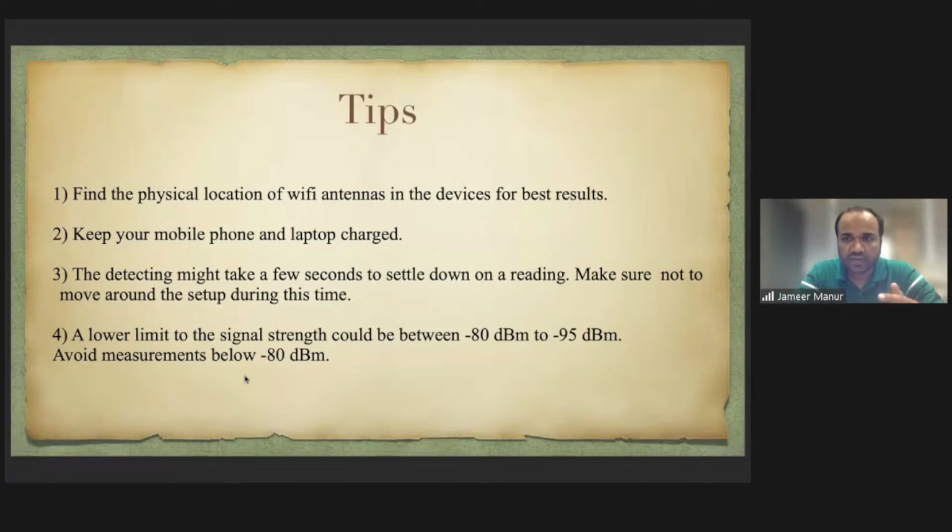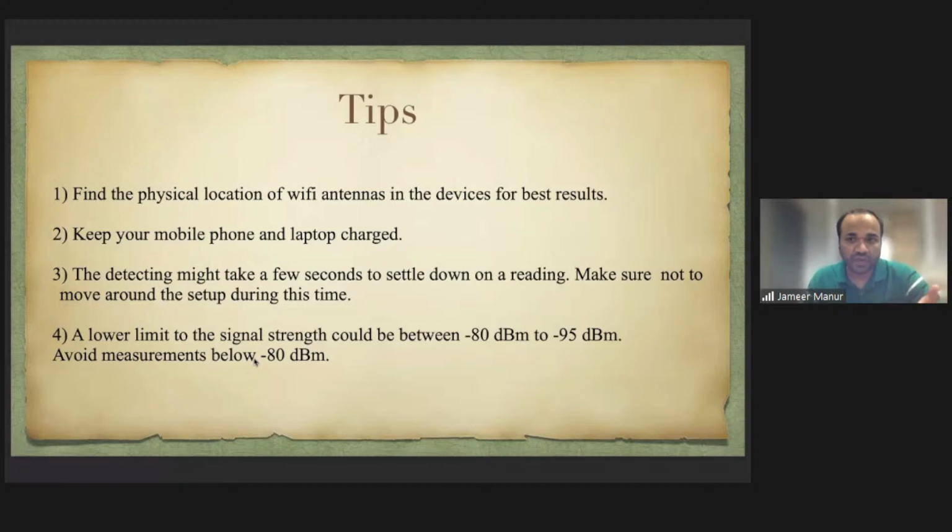The first frequency is 2.4 gigahertz, and the second frequency is 5 gigahertz. We need to know at what frequency they are operating. Okay, so if it is operating at 2.4 gigahertz, the wavelength is around 12 centimeters, if I'm not wrong. Okay, so this is about 12 centimeters. So you will get to know at what distance you are getting the maxima, and at what distance you're getting the minima.